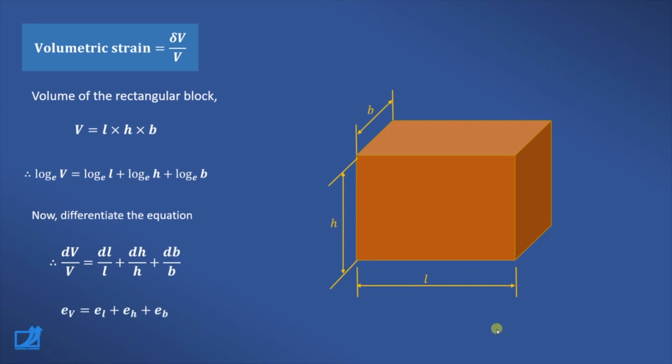So in short, we can say volumetric strain of a rectangular block is strain in length plus strain in width plus strain in thickness.